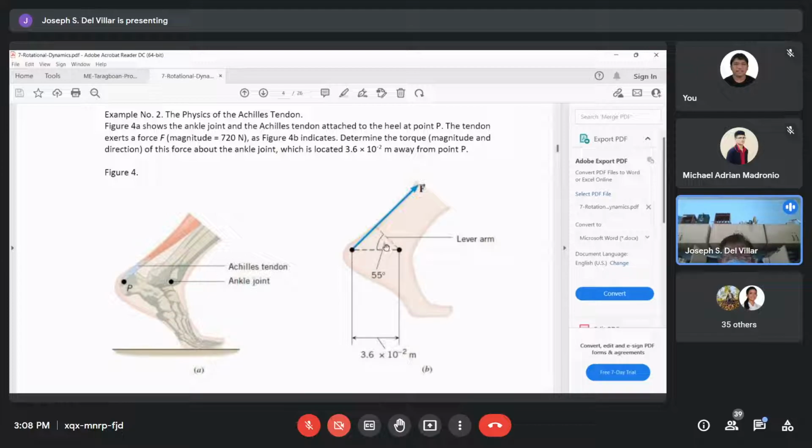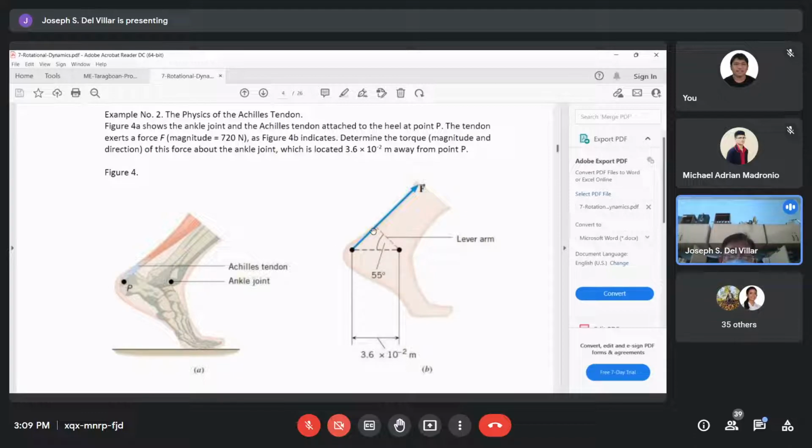So kung 55 to, definitely, ano itong sa force dito? What is this one? So you take a look at this. Kung 55 to, tapos right triangle siya dyan, di ba? So kung 55 to, ano to? How much is this?